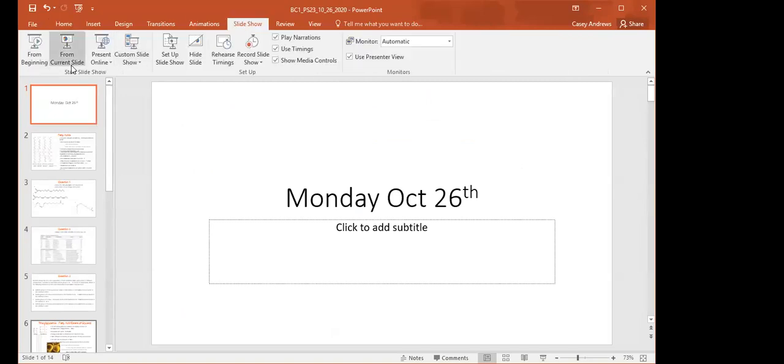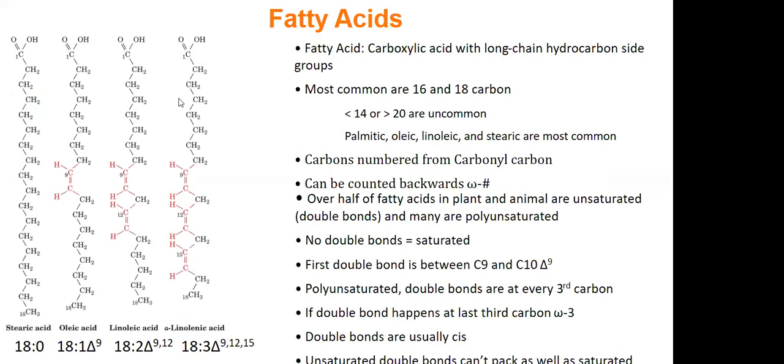So our last biomolecule of the semester are fatty acids, lipids to be more exact. So what is a fatty acid? A fatty acid has a carboxylic acid and then a long chain of hydrocarbons, or just carbon and hydrogen.